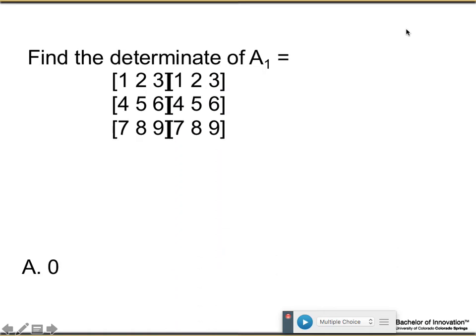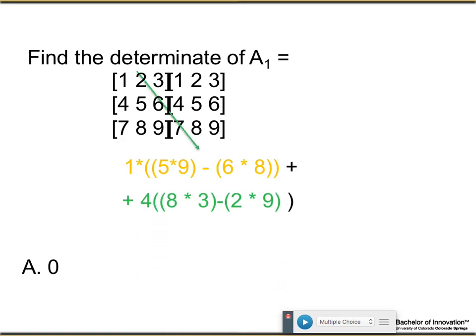But put those in. Then I'm going to do the first pass. I do 1 5 9 minus 1 6 8. Then the same for 2 6 7. Oops, sorry. I was doing it with the other direction, but it actually still works out the same.